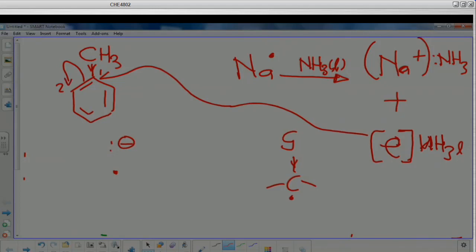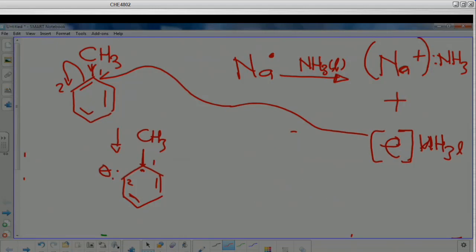This electron will come here, single head, and these 2 electrons will come here. So what we are going to get here will be that benzene ring. I've brought a lone electron, there's still CH3, and then there is this. You see that? So the carbanion center has gone to carbon number 2, and the free radical is on carbon number 1.